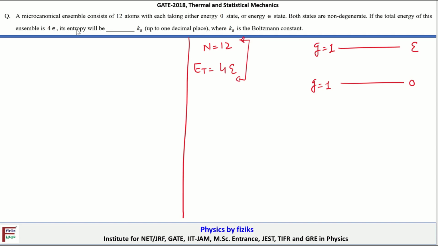Because we have a system of 12 atoms, and we have to ensure that the total energy of this system is 4 times E, that's only possible when we place 4 atoms in the energy E state.